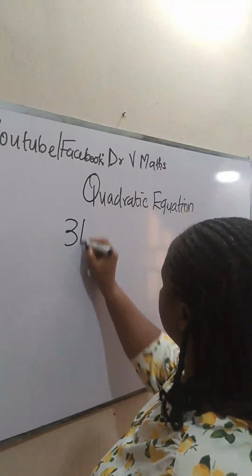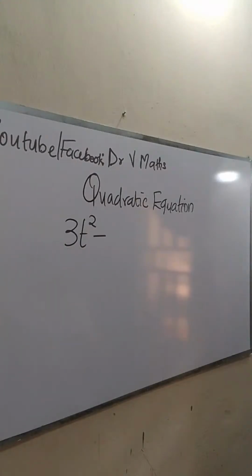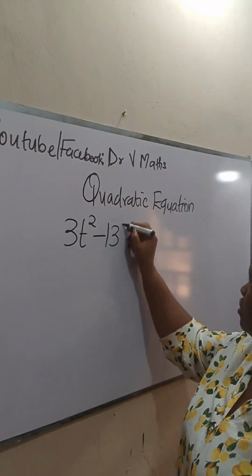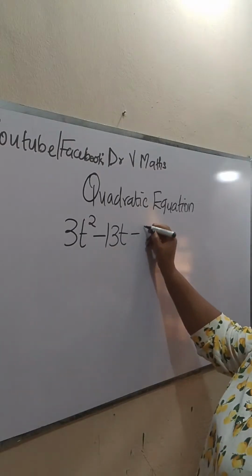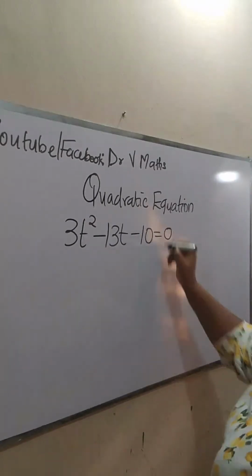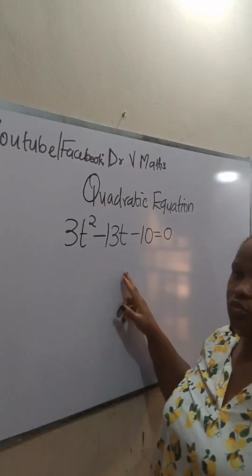So we have 3t squared minus 13t minus 10 equal to 0. Okay, so we want to solve this particular quadratic equation.